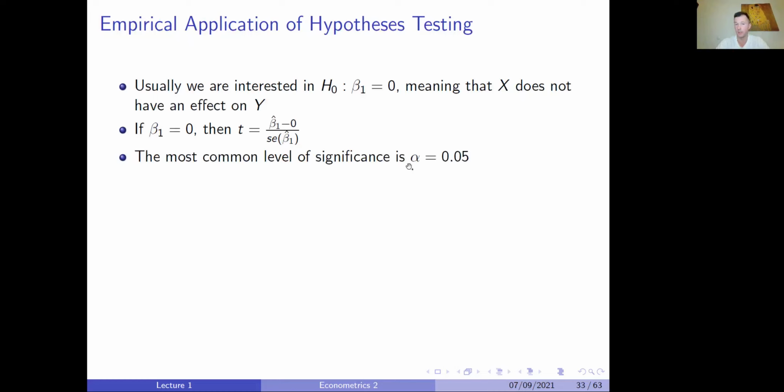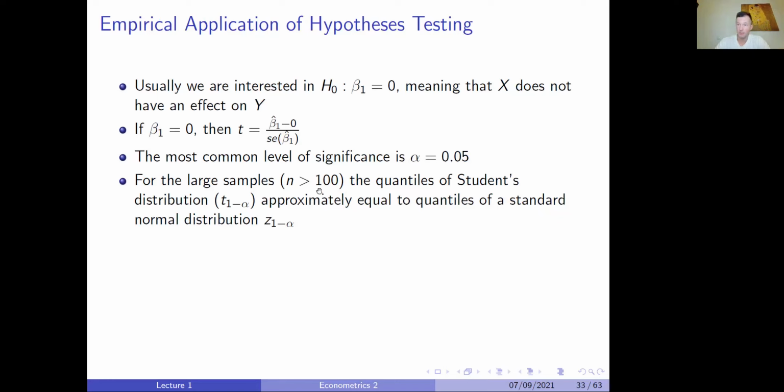The most common level of significance is alpha equals 5%. For large samples, greater than 100, the quantiles of Student's distribution are approximately equal to quantiles of a standard normal distribution that we denote with z, 1 minus alpha. That's why in the Python output you have z instead of t.